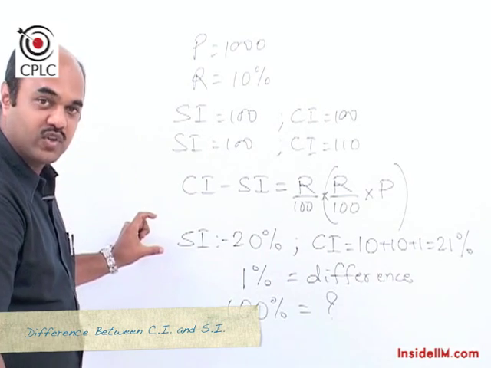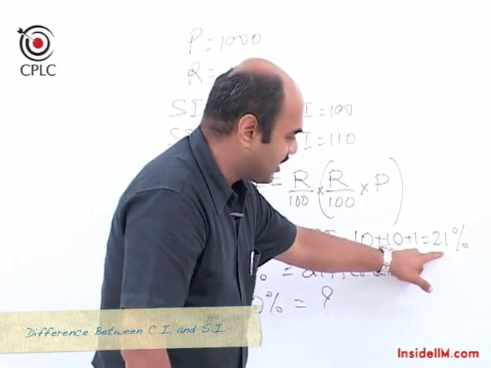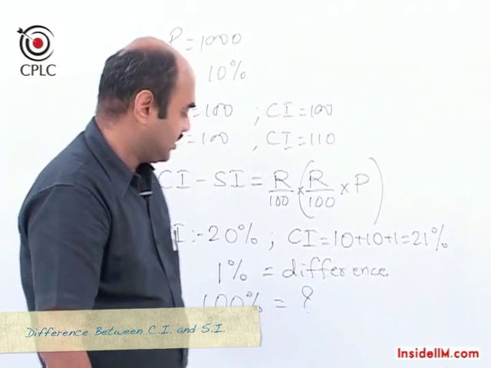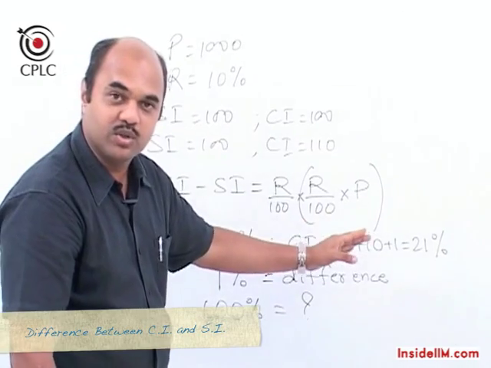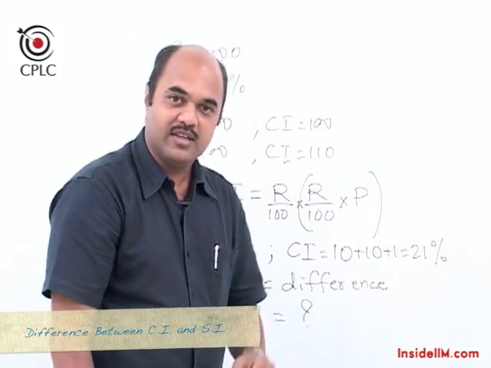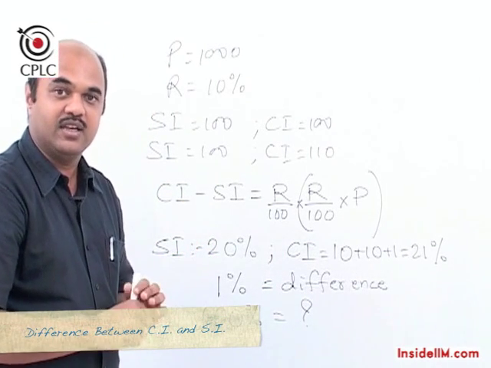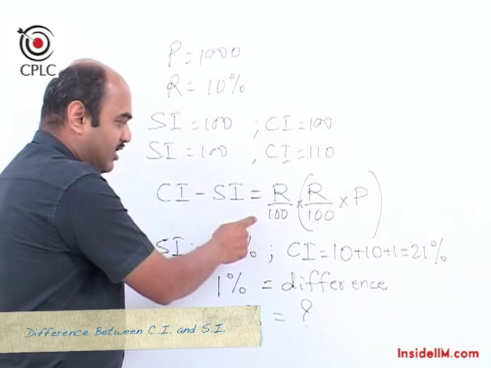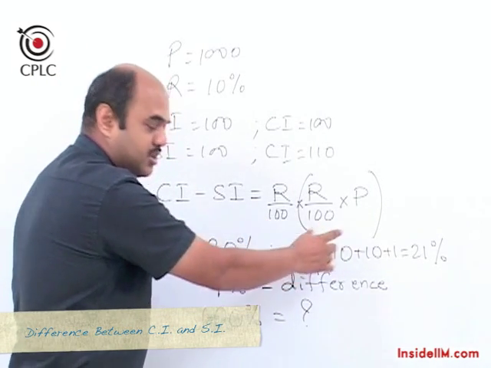So if it was for 3 years, then this would have become 30%, this would have become 33.1%, and then we would say if 3.1% is equal to the difference, 100% is how much. So to summarize, if the problem talks about the difference between CI and SI in the first 2 years, we can very easily use this formula, which is interest on the first year's interest.